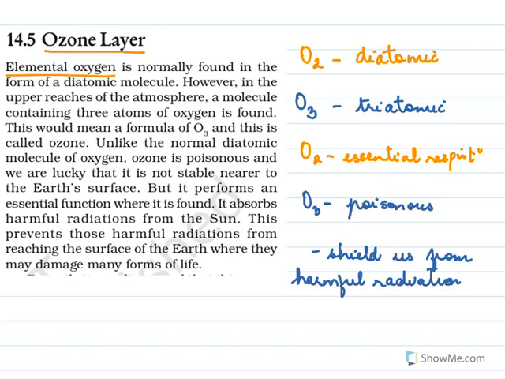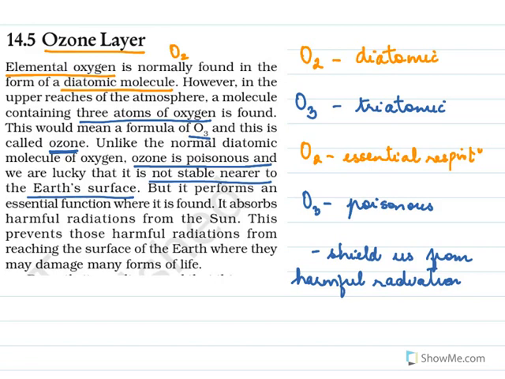Elemental oxygen is normally found as a diatomic molecule, that is O2. However, in the upper reaches of the atmosphere, three atoms of oxygen are found with the formula O3, and this is ozone. Unlike the normal diatomic molecule of oxygen, ozone is poisonous, and we are lucky it is not stable nearer to the Earth's surface.